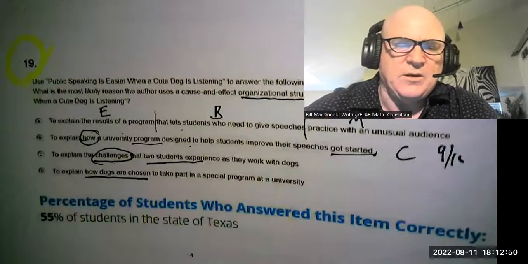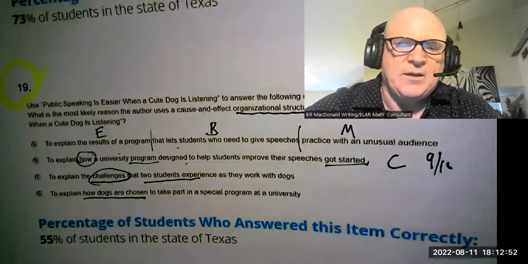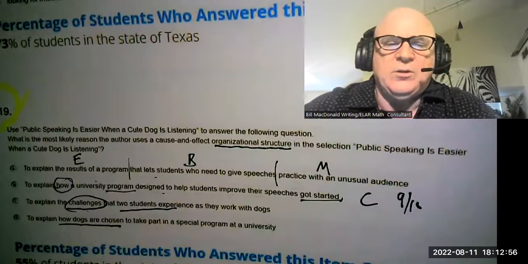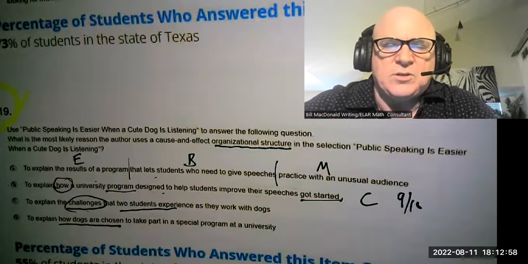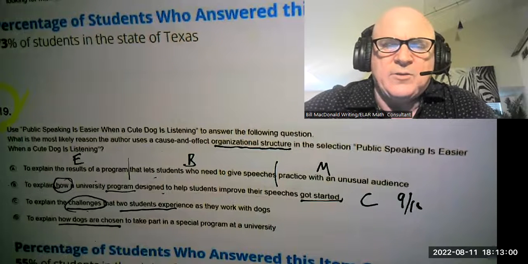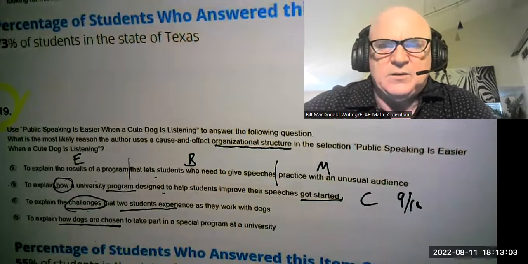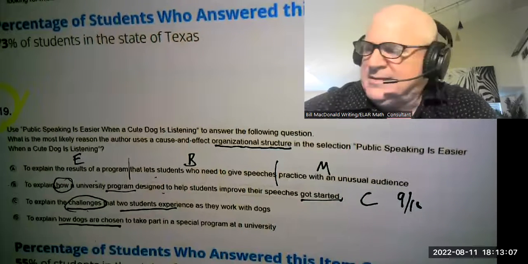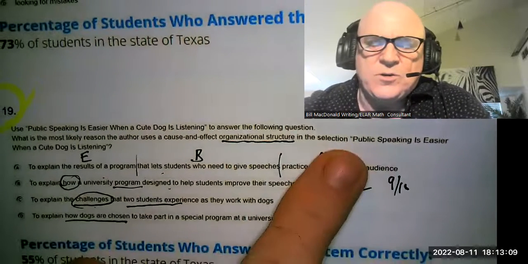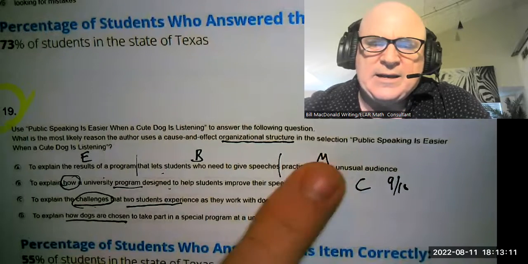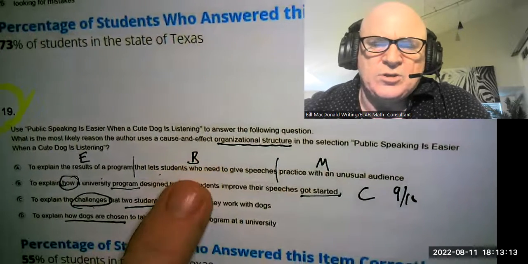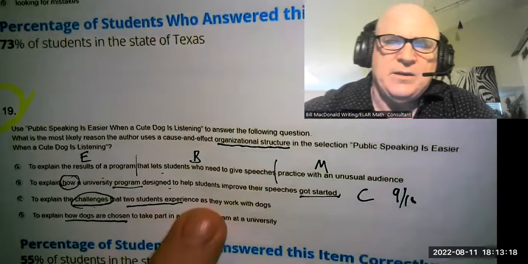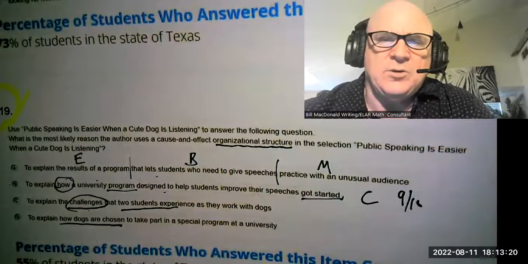As you can see here, only 50% of the kids got it right. And so teach your kids to break down, look for keywords like results and other effect synonyms. When they talk about the selection, make sure they're looking at the entire thing, not just one piece like B, C, and D do.